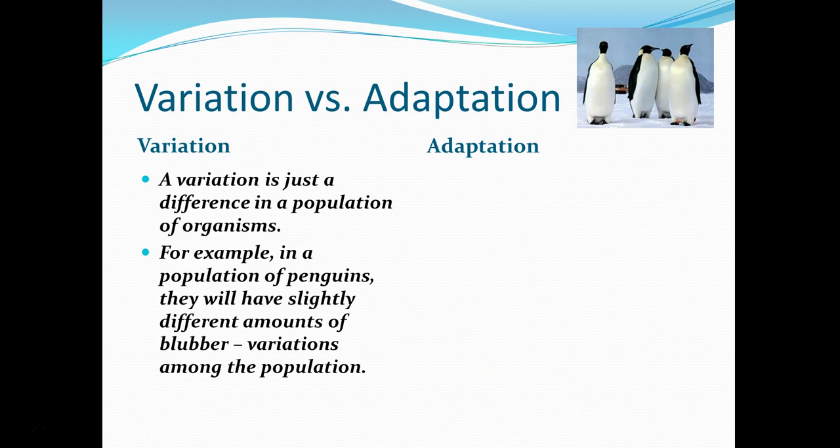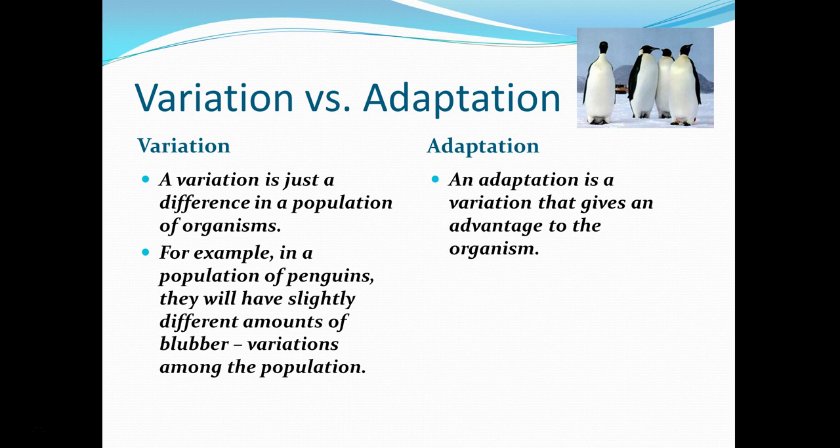Variation versus adaptation. Variations, remember, are simply differences in individuals in a population. So in a population of penguins, as you see in the picture, if we took measurements, you would expect there to be differences in the amount of fat or blubber that all the individual penguins would have.